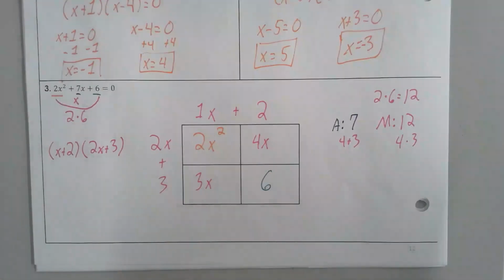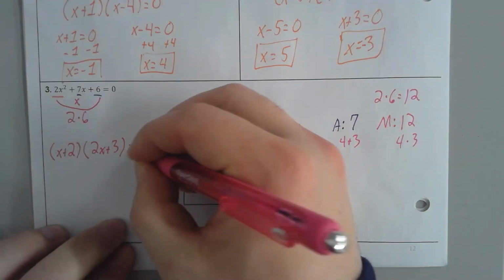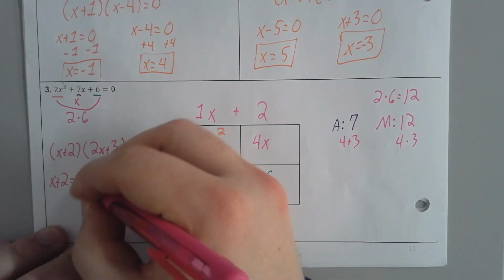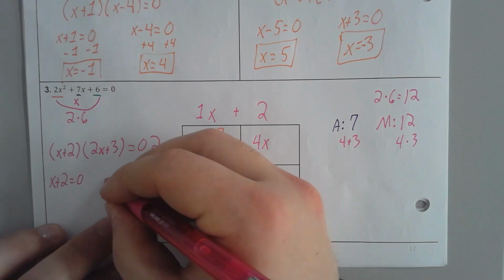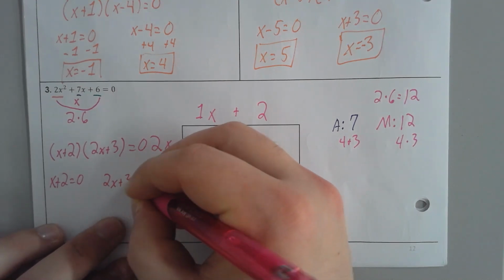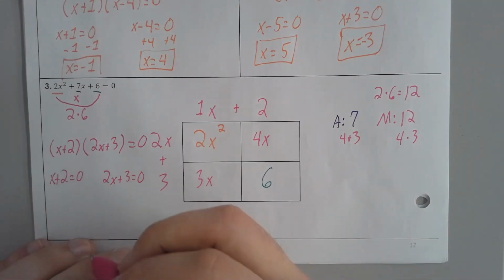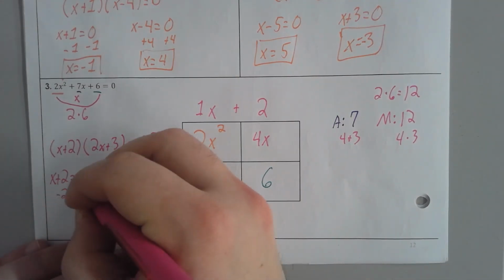Alright, so then we treat it just like we did before. We split them up, set them equal to 0. Just solve for x.